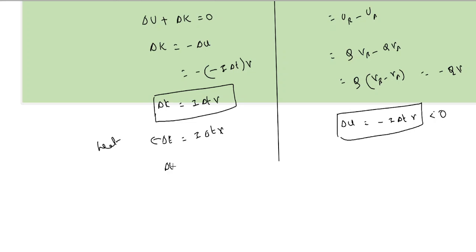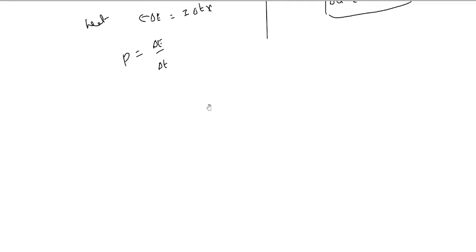If we divide this by time, then energy by time is called power. So the power which is dissipated through a resistor is called P. That will be I into V into delta t by delta t. Therefore, the power dissipated in the circuit or resistor is I into V. If we use Ohm's law, we can express this in terms of I and R, or V and R also.